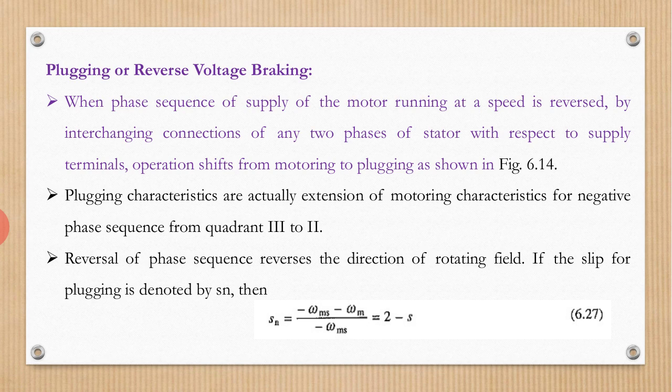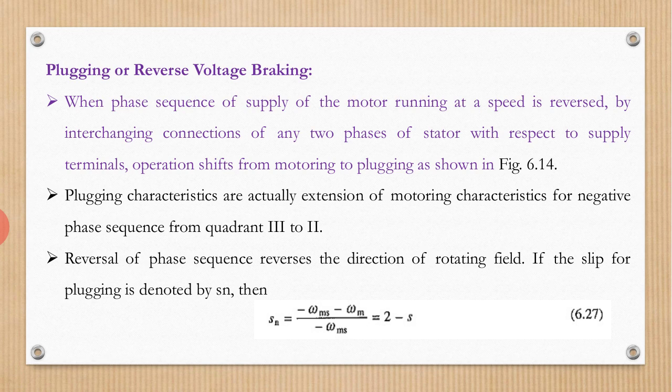I repeat, when the phase sequence of supply of the motor running at a speed is reversed by interchanging connection, meaning R, Y, B is there and you interchange R and Y, the operation shifts from motoring to plugging.